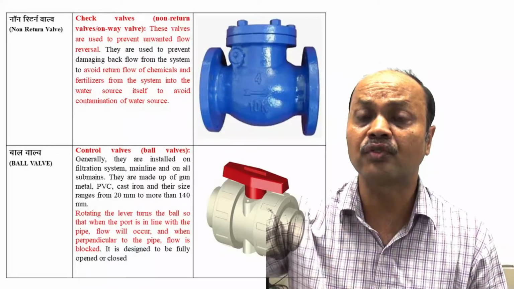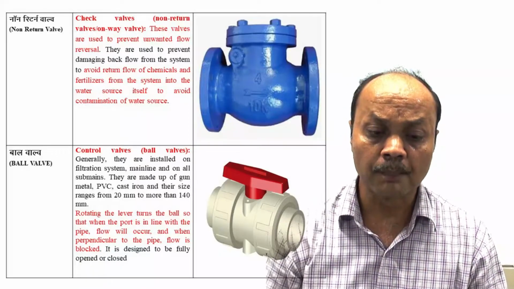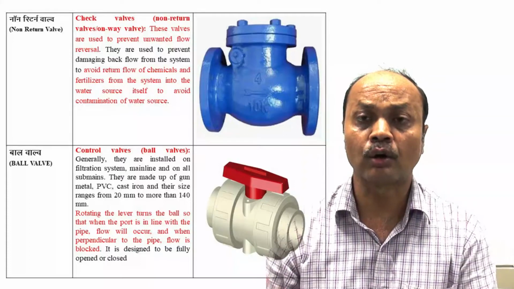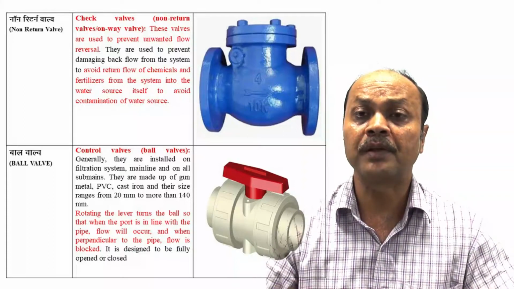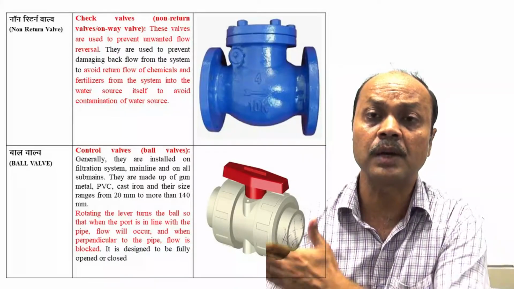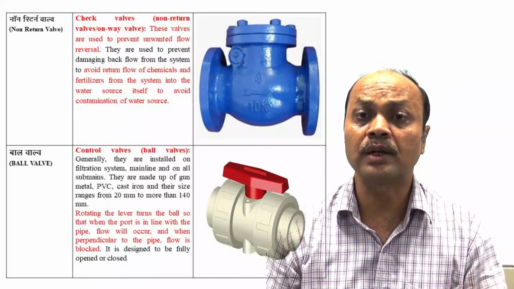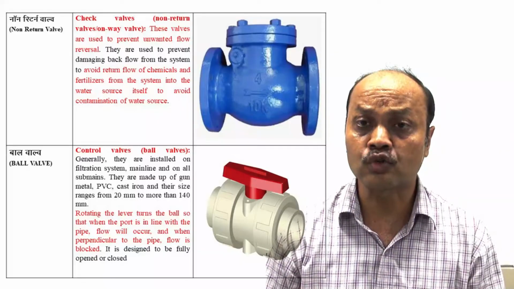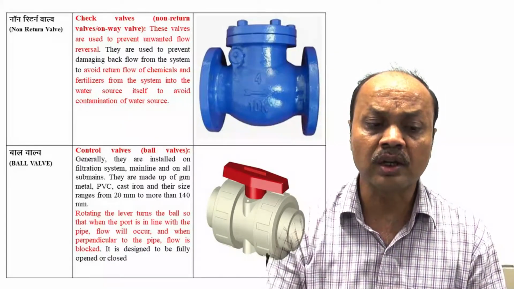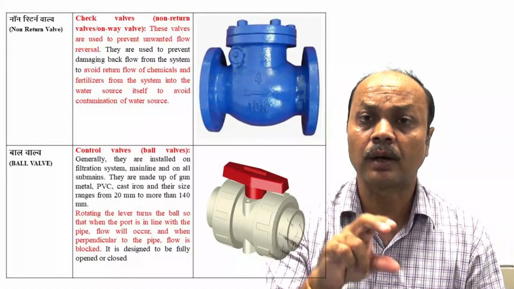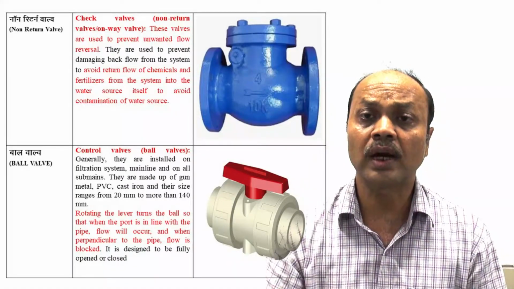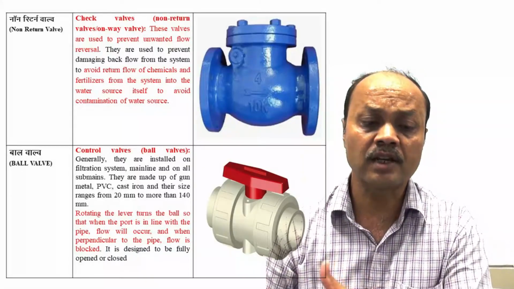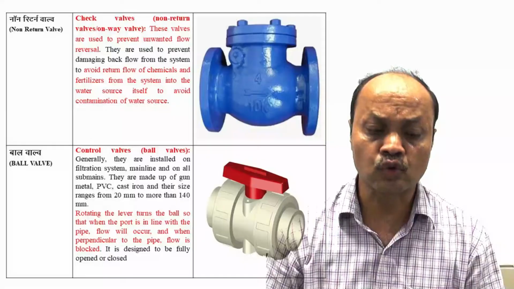If water flows in the backward direction for some reason, maybe at start or at closing time due to a pressure difference, then especially your fertilizer can go into your water source. So you normally use a non-return valve in a drip irrigation system, so that if there is sometimes flow reversal, the fertilizer water does not go to your actual water source.